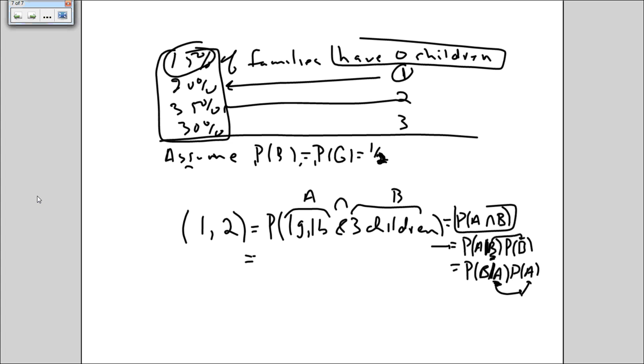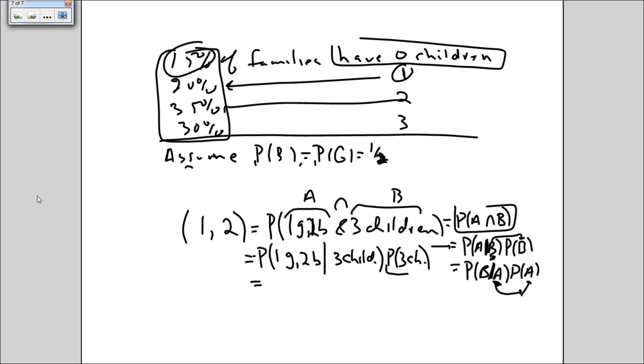This is the probability of having 1 girl and 2 boys, given that you have 3 children, times the probability that you have 3 children.